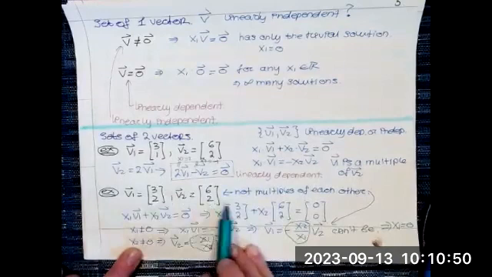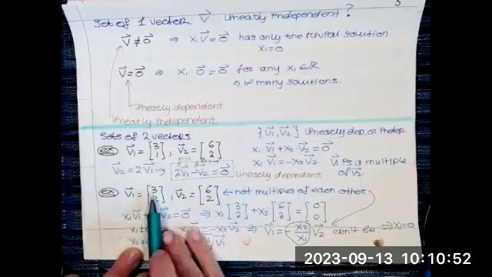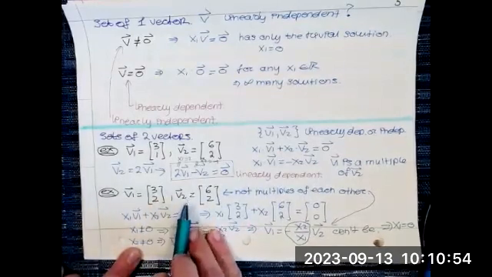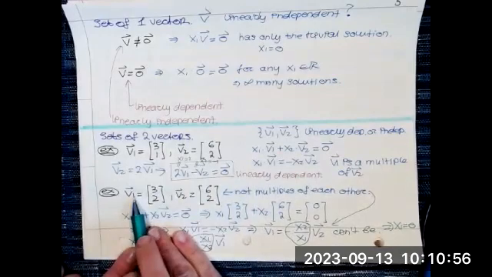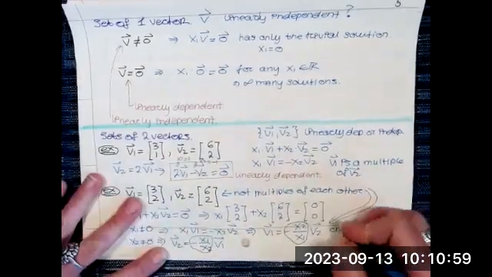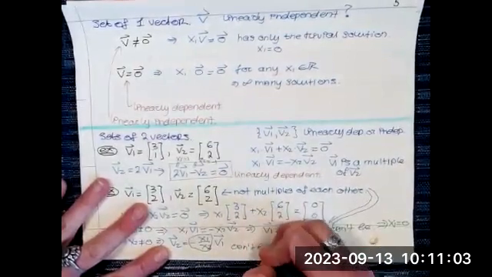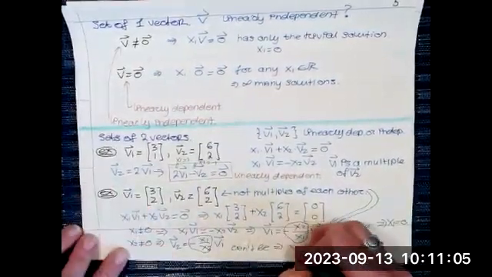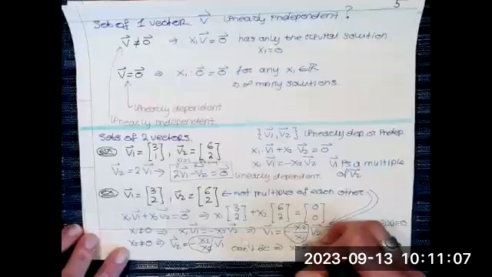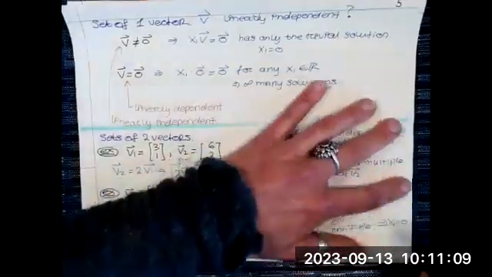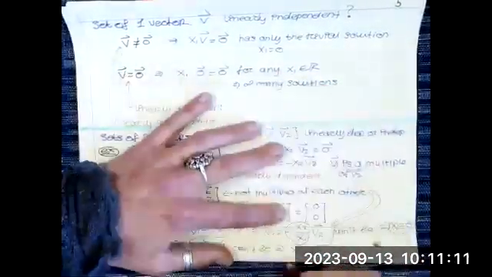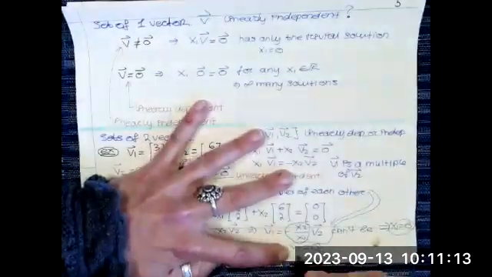But by inspection we know that it's not the case. v1 is not a multiple of v2, v2 is not a multiple of v1. You can also conclude that this can't be, which implies that my x2 must be equal to 0. So x1 must be equal to 0, x2 must be equal to 0.